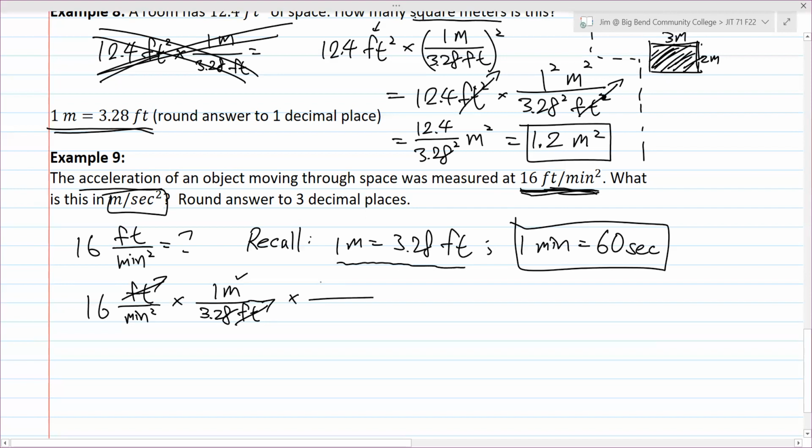Next, we turn minutes into seconds. And then be careful, this is when you should square that fraction again, because we have a minute squared given. And I'll tell you what, that is divided out with the minute unit.